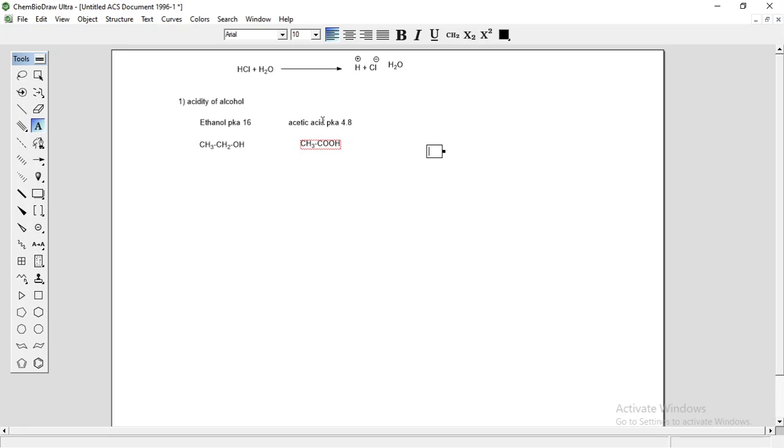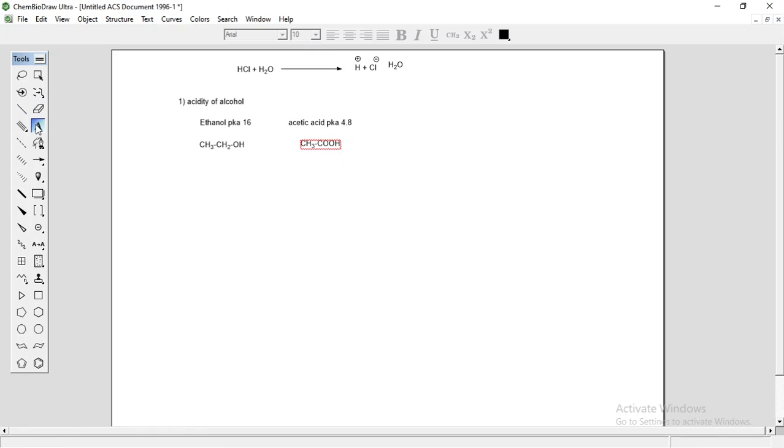But in acetic acid, it is stabilized by resonance, so acetic acid is a stronger acid than ethanol. In the carboxylate ion, the stabilization of the negative charge is there. Let me show you how acetic acid stabilizes the carboxylate ion, an effect that is not available in alcohol.